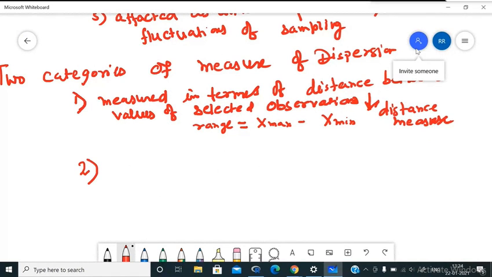And the second is known as average deviation.